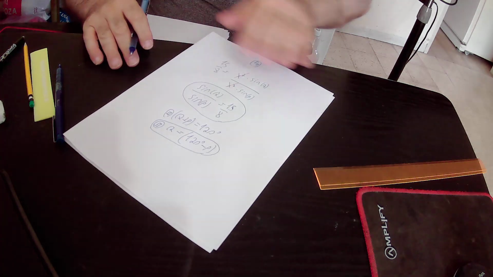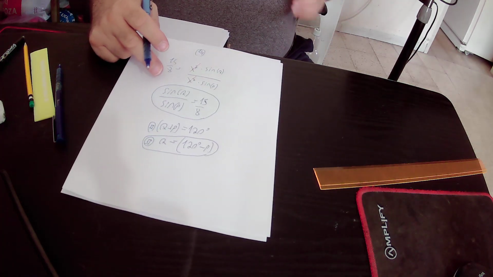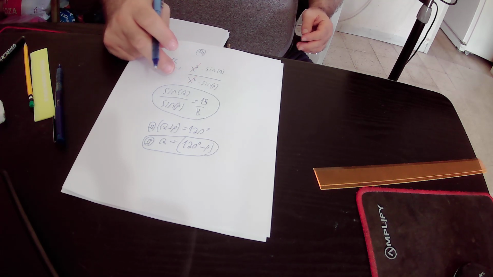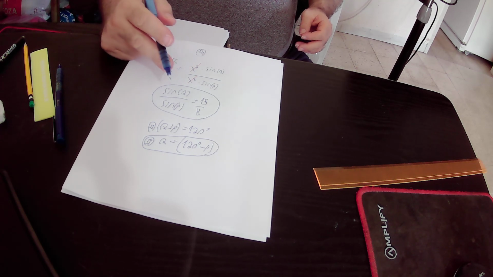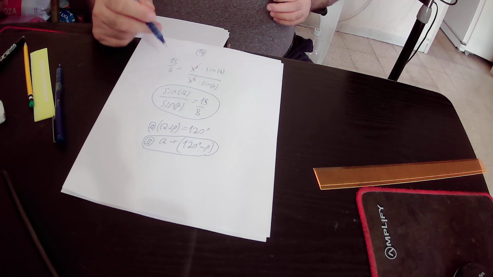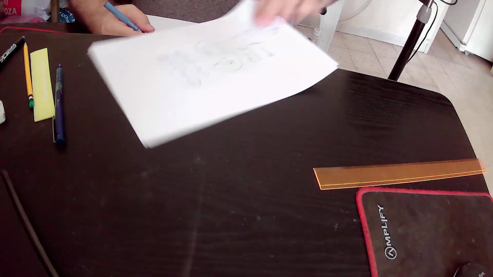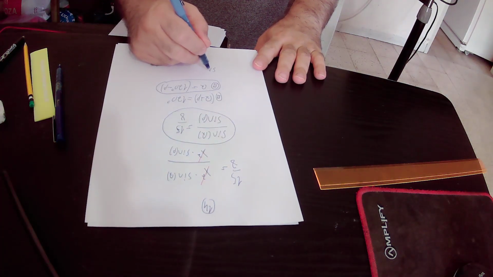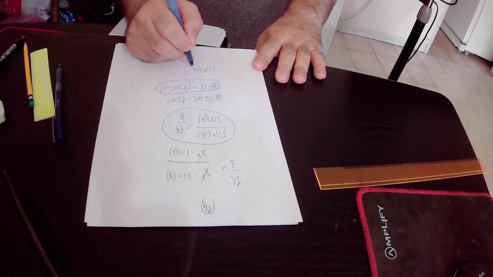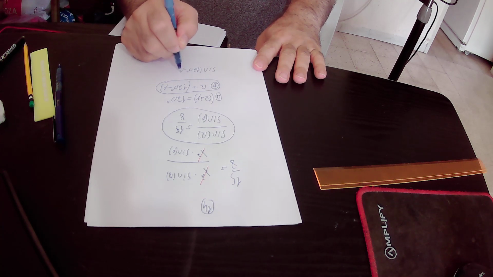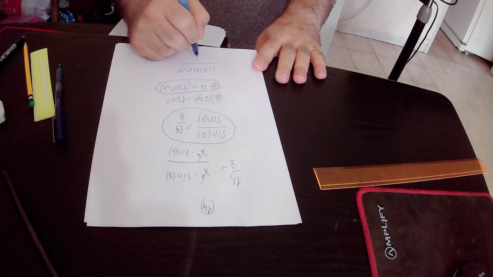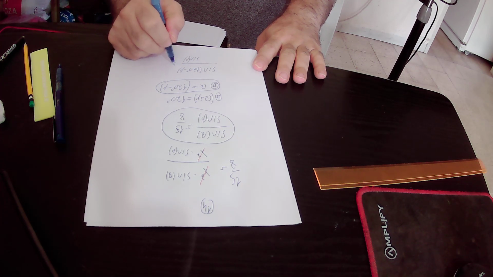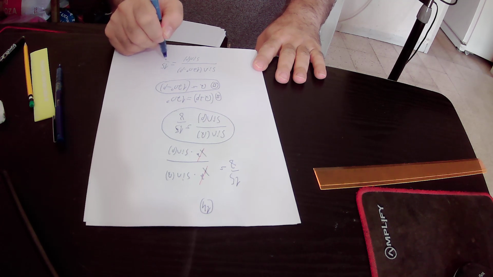So here we have sine Q over sine P equals 15 over 8. So we can substitute Q in this equality by 120 degrees minus P from equation number 2. Okay, so we will get that sine of 120 degrees minus P over sine P equals 15 over 8.